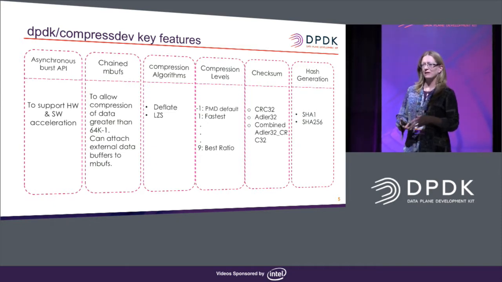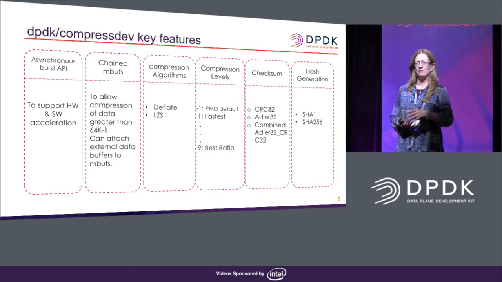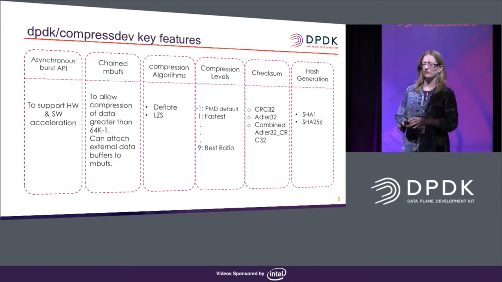But it's really important in compression in storage that the data is not necessarily in one contiguous buffer. So you may have multiple buffers, and they may also be external. So the new feature of attaching external buffers to mbufs has been quite useful, and that's what Paul is integrating at the moment. And so having a chain of mbufs that are in the memory domain of the application is quite useful. The algorithms that we support are deflate and LZS.